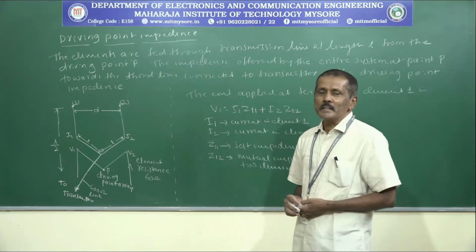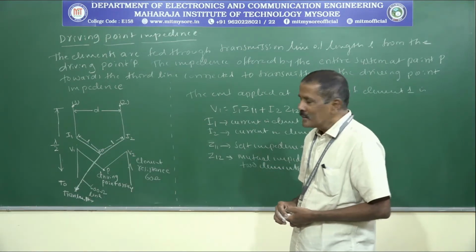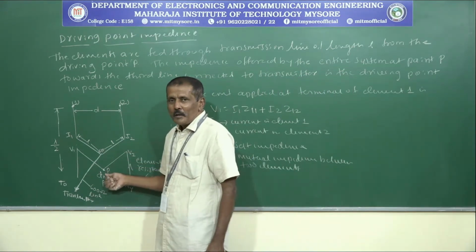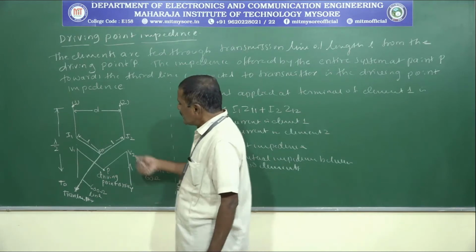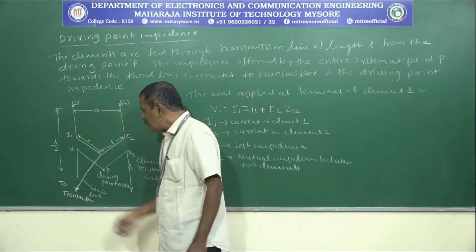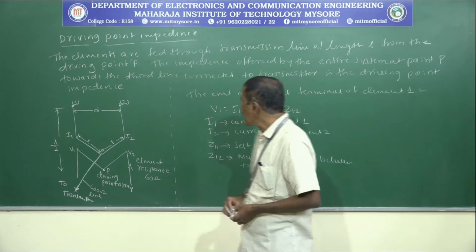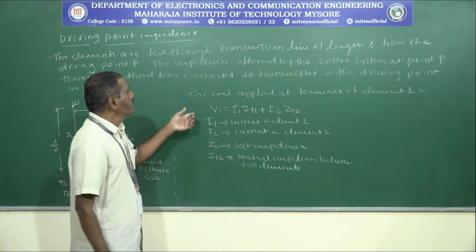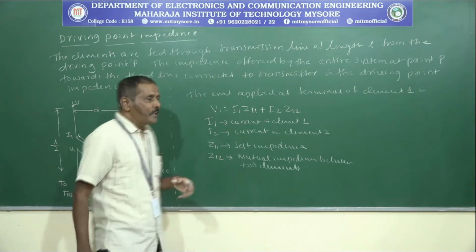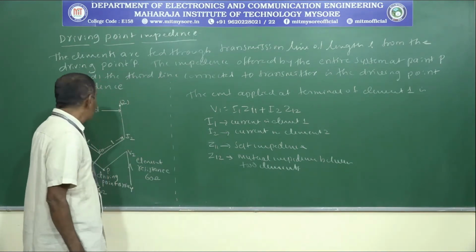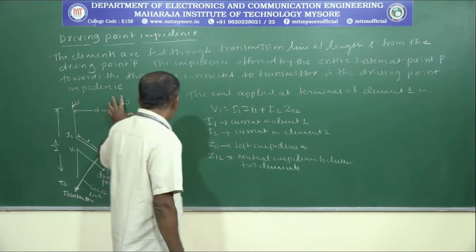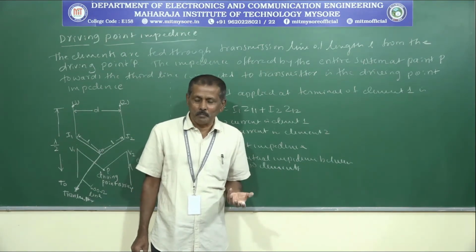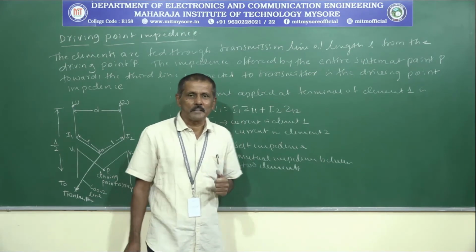The driving point impedance is the impedance offered by the entire system at point P looking towards the line which is connected to the transmitter. To calculate this driving point impedance, we have to calculate the EMF applied at element number 1 and the EMF applied at element number 2, and then go on deriving the equations.